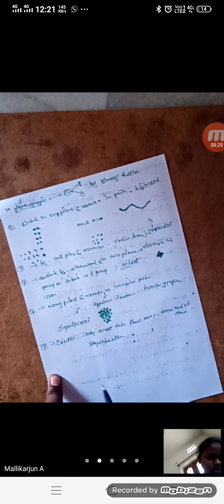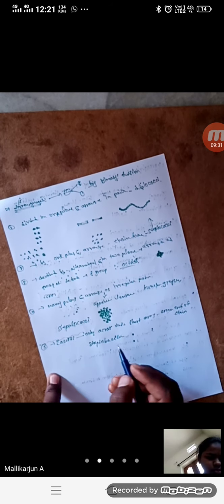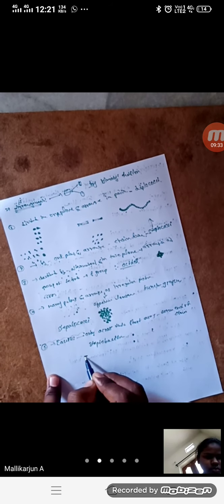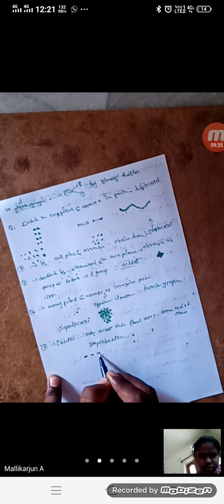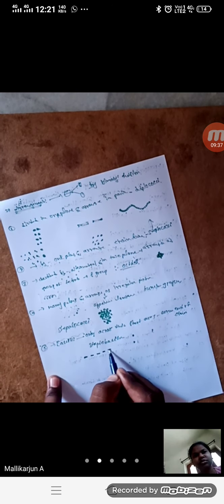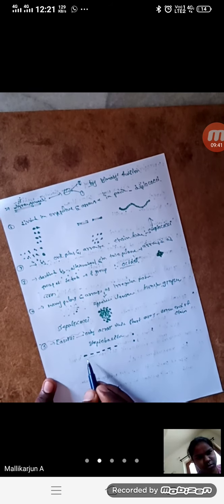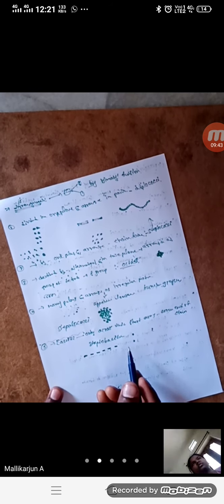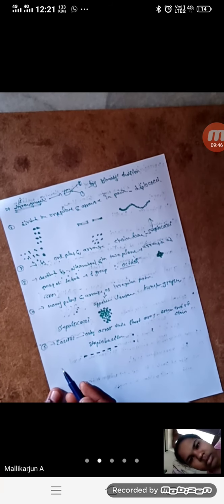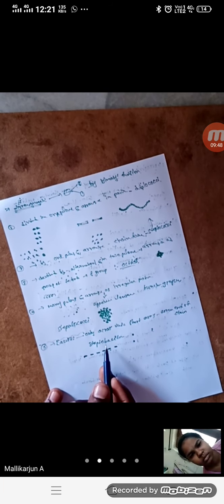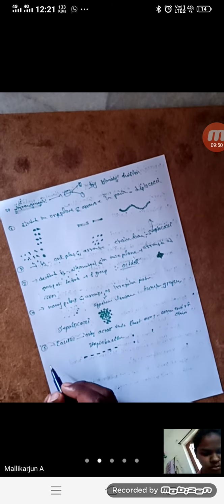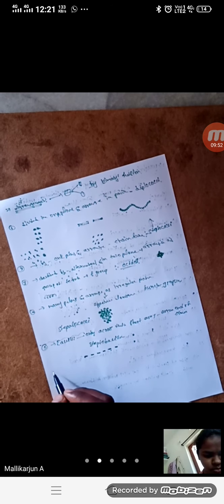What is the streptobacilli structure? Each one is added one by one at the end of the chain, in one plane only.